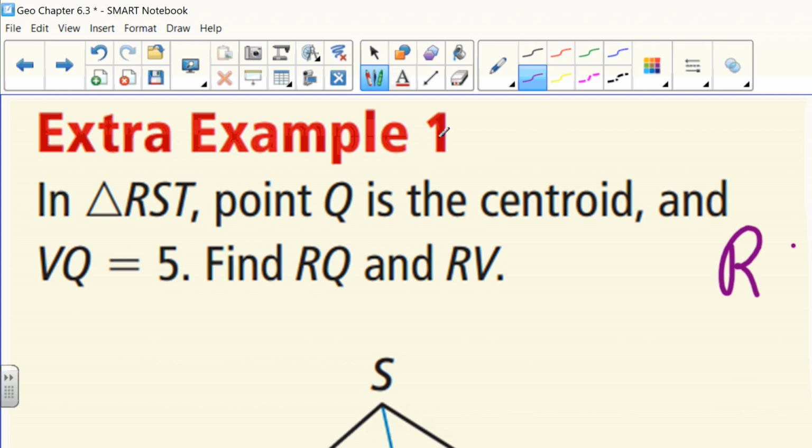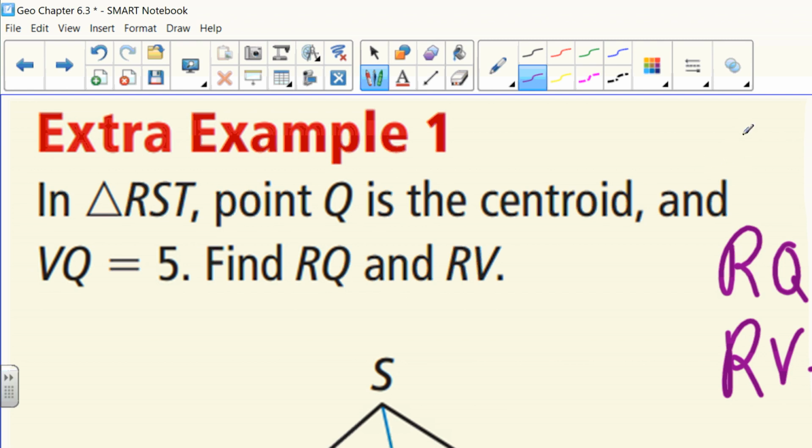So in this one here, we're going to find RQ and RV, as well as SQ, SW, and UQ and UT. We're going to find them all.